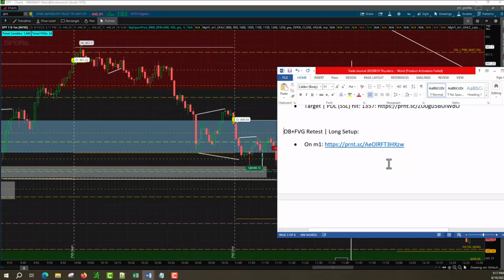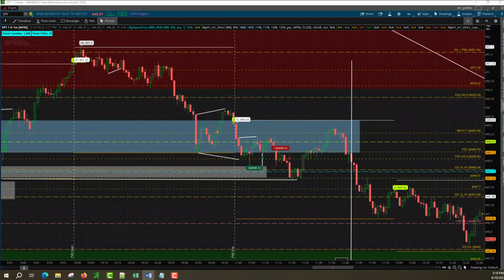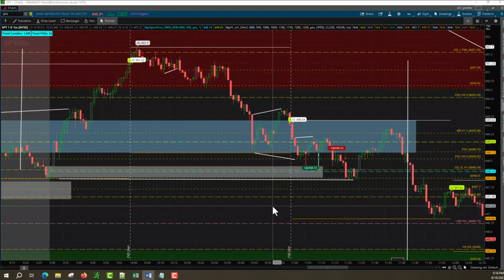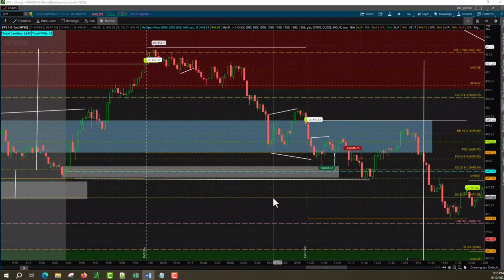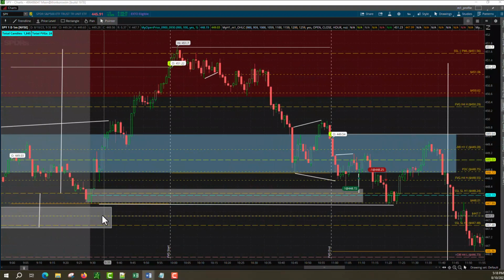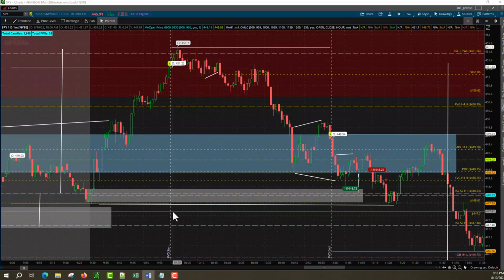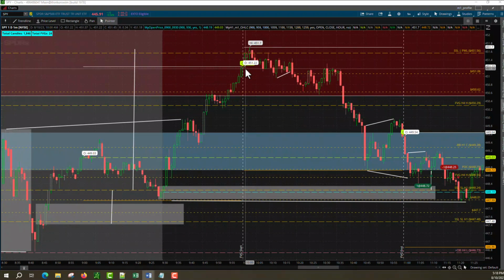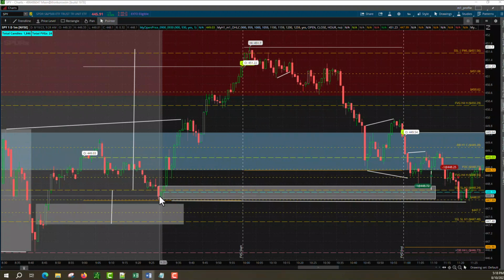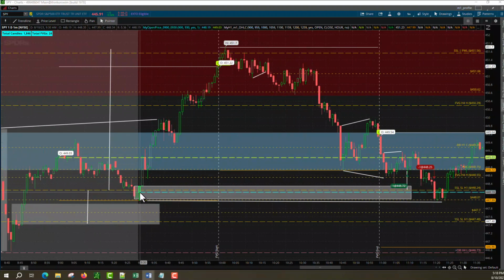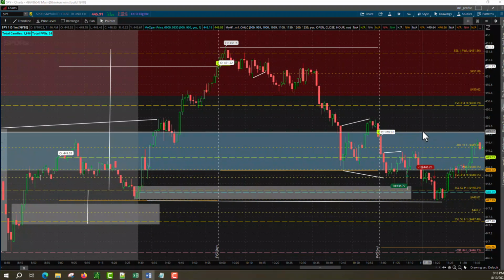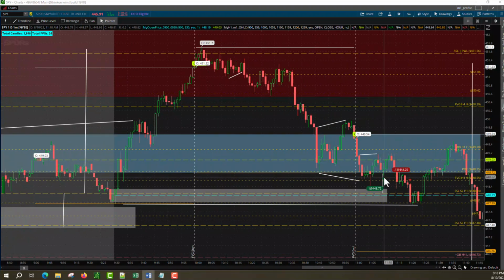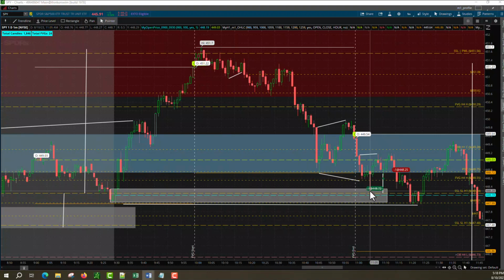From last month when the CPI came out, it made a huge run, and it went all the way back to test the 930, and then boom, it went up. So we thought that it would be the same, so we saw that it went right here to retest it.